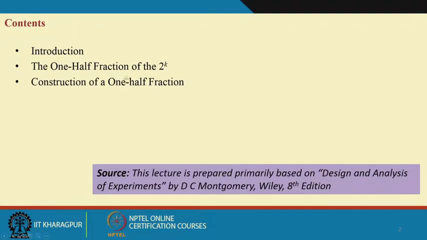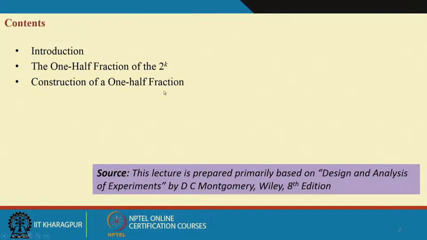discussed in this introduction lecture on fractional factorial design, and subsequent lectures will show you the examples and the higher order calculations. Today we introduce this subject, this concept, and then I will go for 1/2 fractional factorial design, and then how the 1/2 fractional factorial design will be constructed.